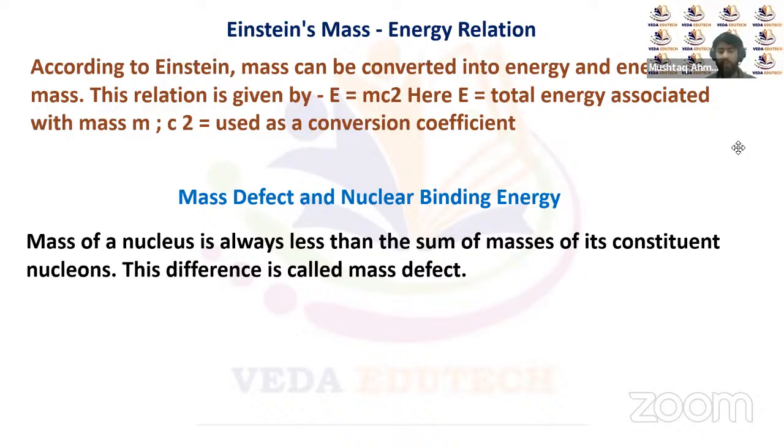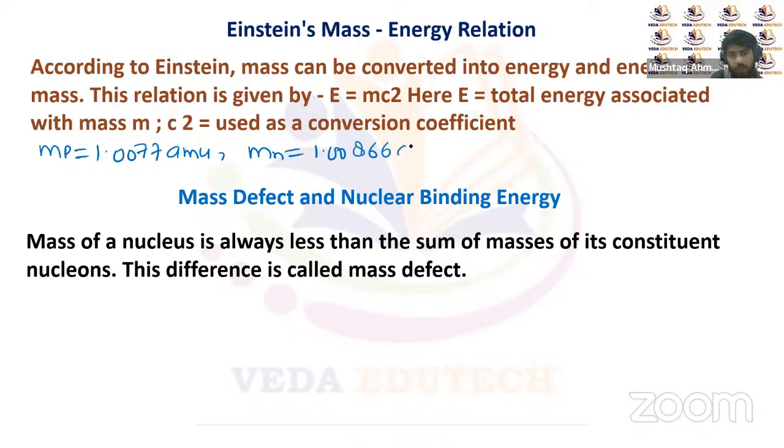We know that inside a nucleus, we have proton, we have neutron. And the mass of proton is 1.0077 AMU, and the mass of neutron is 1.00866 AMU, right?